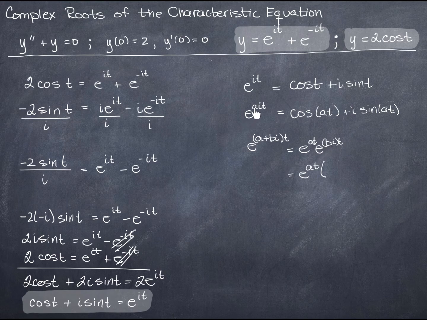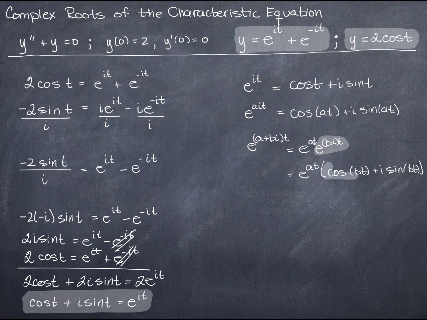We write e to the bit like this. I've confused my letters here, but it's what position it's in that's important. So I'm going to change this piece right here so that it's in this form. So I'll have the cosine of bt plus i times the sine of bt.